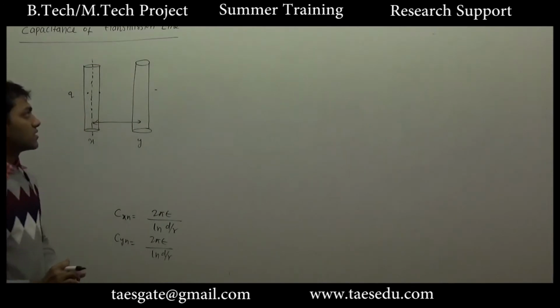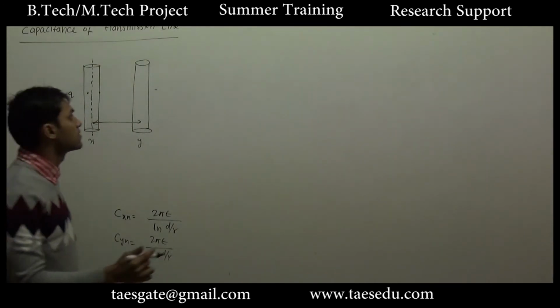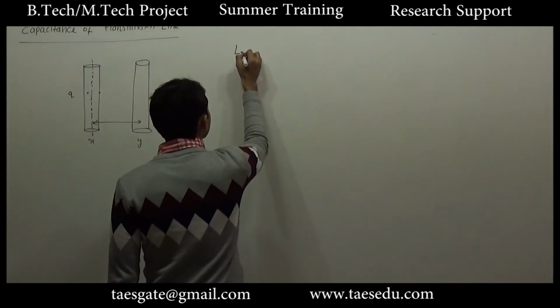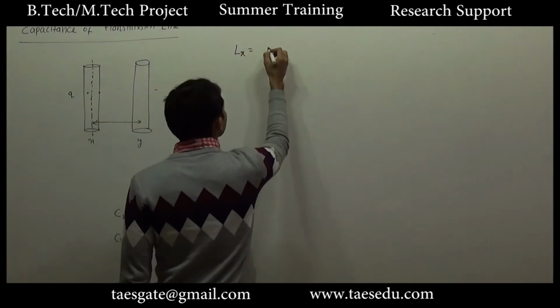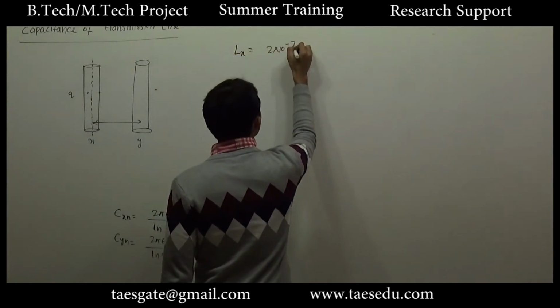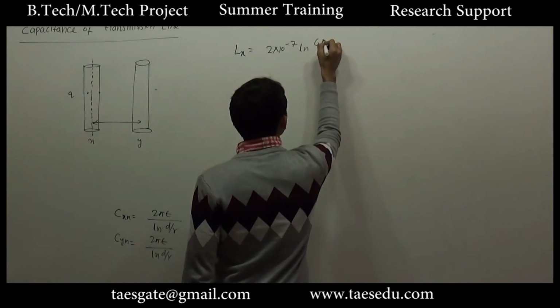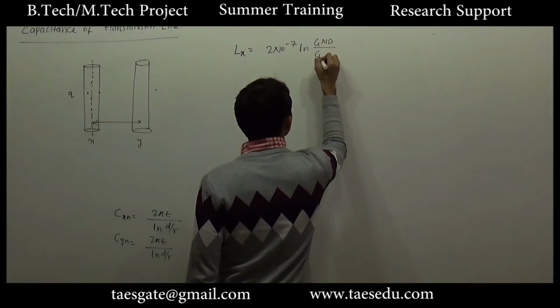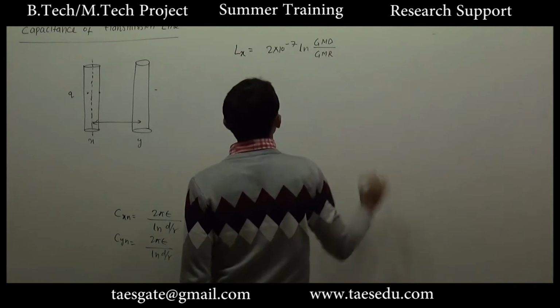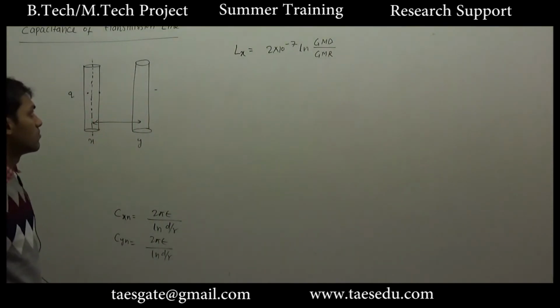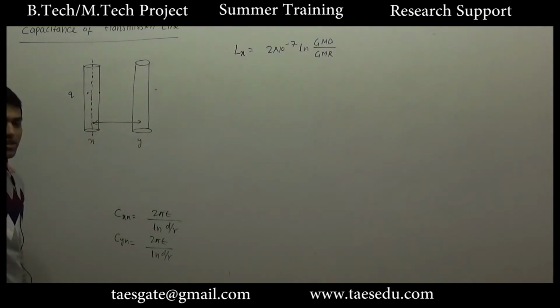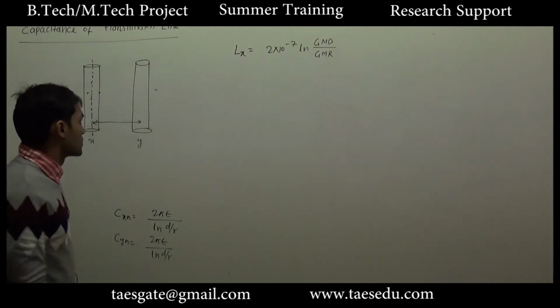As we discussed in case of inductance, the per phase inductance was 2 into 10 to the power minus 7 ln GMD divided by GMR. So here also, before discussing further, let me write down the general formula for capacitance.